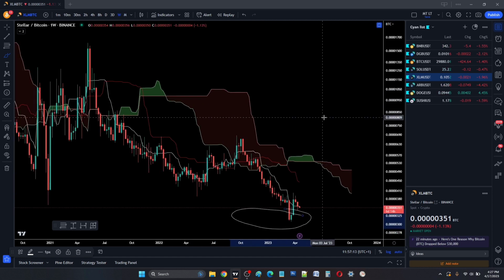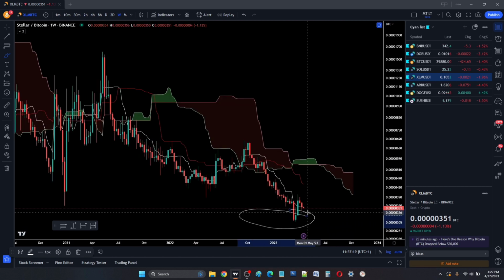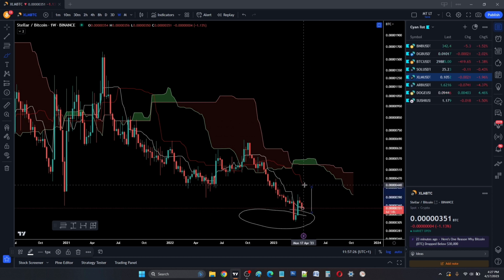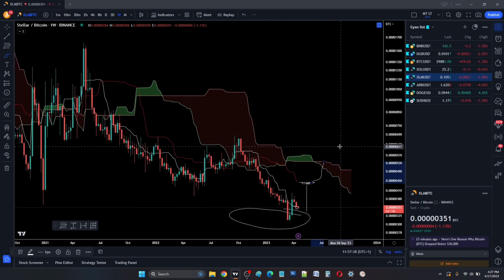I was on the monthly time frame, now I'm back to weekly. Here you can see that we have resistance at 354 sats. After that we have some resistance at 440 sats. Once we are able to close above it, we will be facing resistance at 530 sats. After that, not much resistance, honestly.